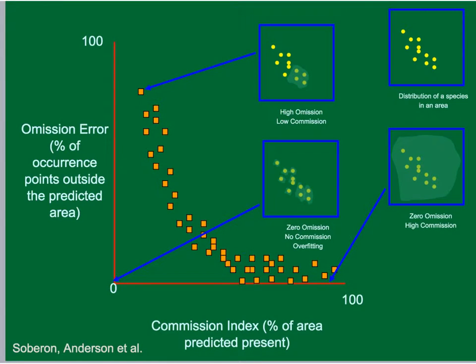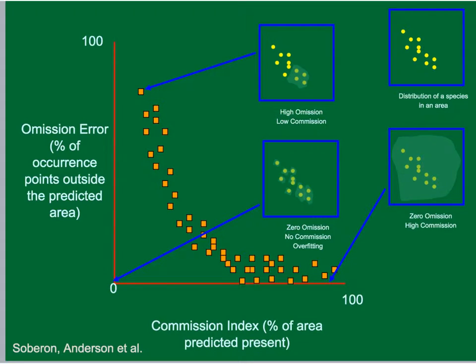So using the work of several previous authors such as Soberon and then Anderson and others that described the best subset procedure, let's take a look at this curve a little more closely and how it relates back to predicting points on the landscape. So the area identified by yellow dots would be our occurrence points. Those are data on the landscape. And the area in green inside of each blue box is the area predicted by that given model.